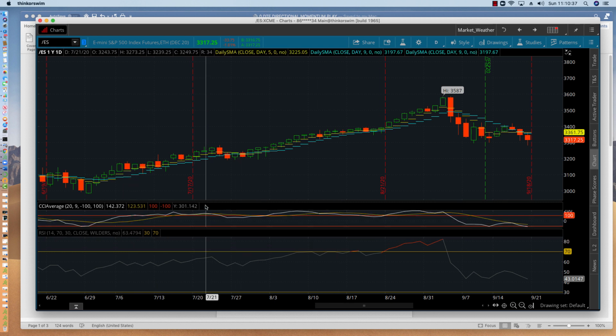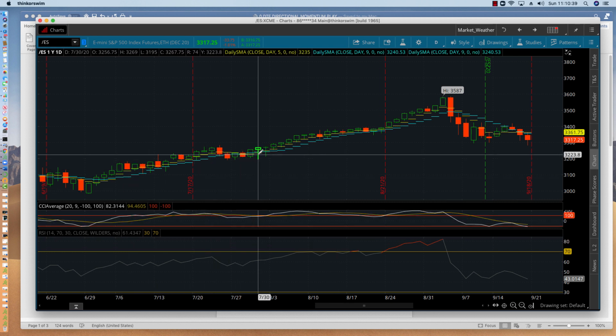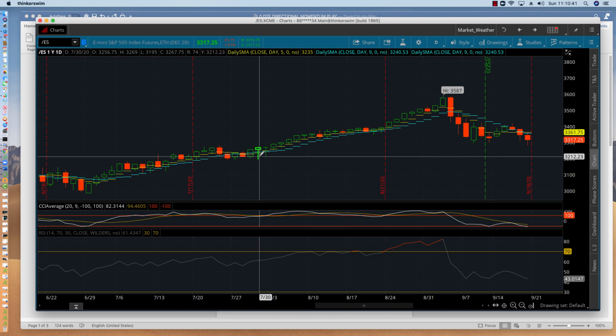On any day that you enter, you're checking the RSI on that day. What is the momentum on that day? For example, we're looking at 7/30. Momentum on that day is an RSI of 61.